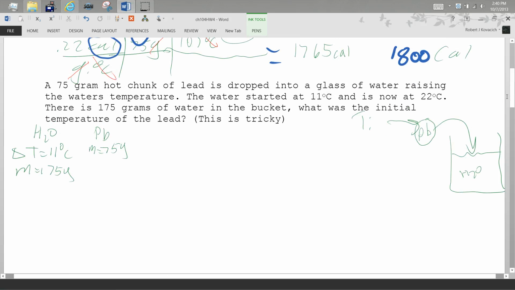So do we know anything else? The specific heat for both of them. We can look the specific heat up for both of them, right? The specific heat for the water is easy.